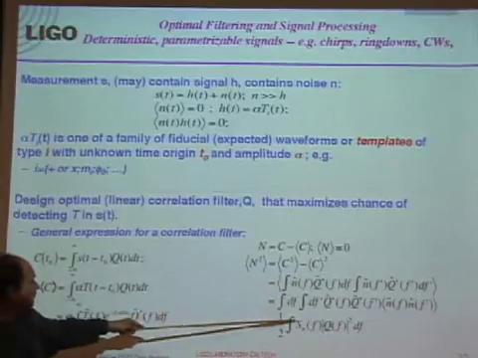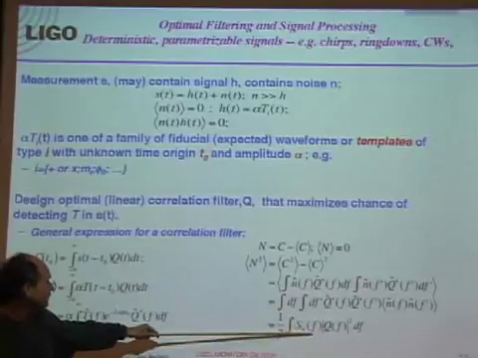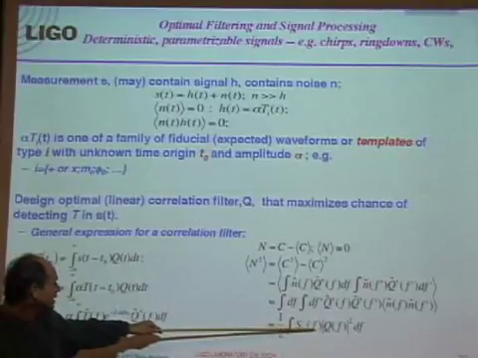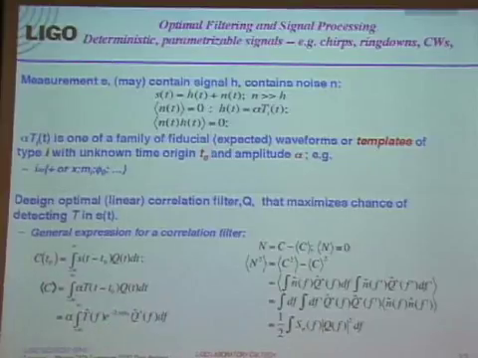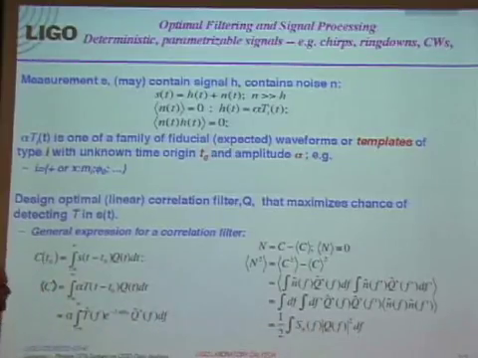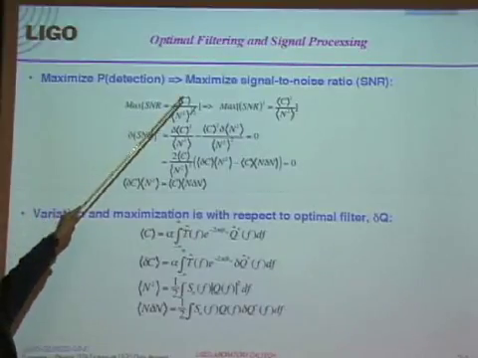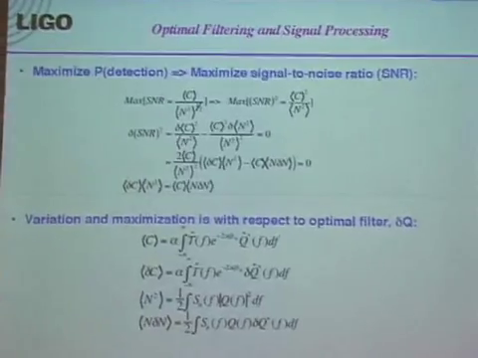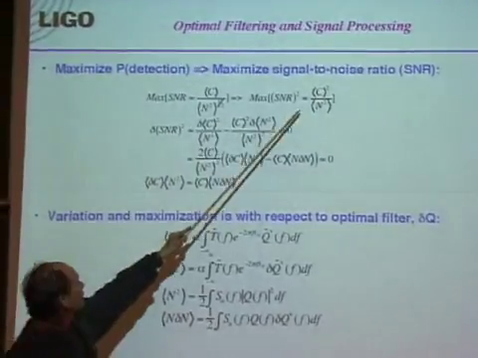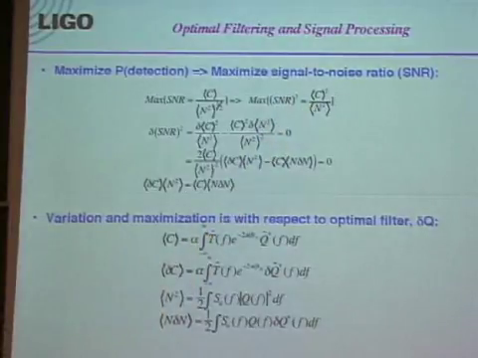And you can go through the formulation and come up with the fact that the noise then corresponds to the filtered product of the spectral density of the noise times whatever this filter Q, which is still unknown, is. If you want to maximize the signal to noise, then you want to maximize the ratio of the average of C over the square root of the noise variance, which is equivalent to maximizing the square of the signal to noise, so you do not have to deal with square roots in the denominator.